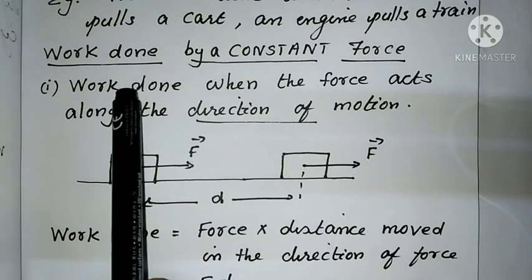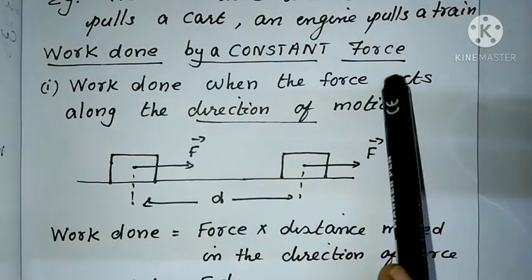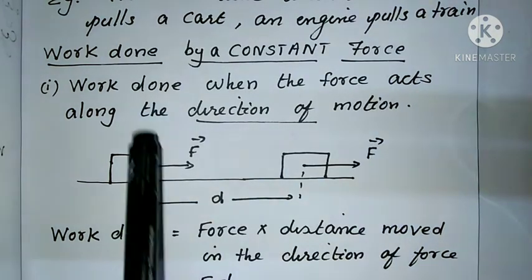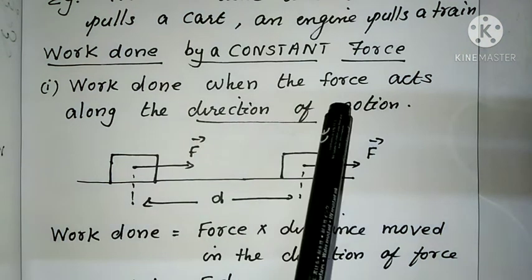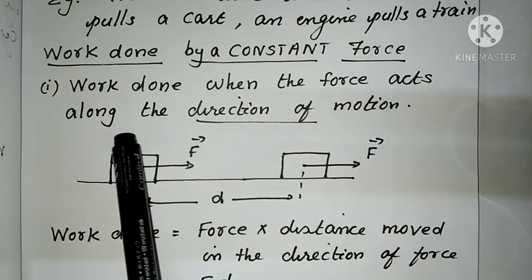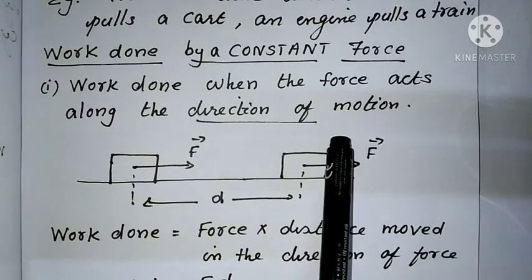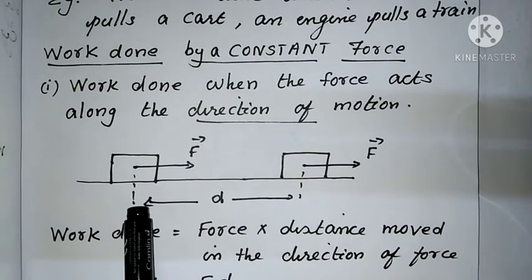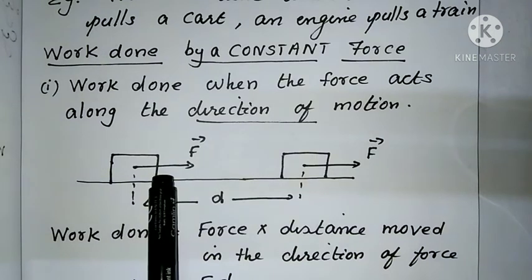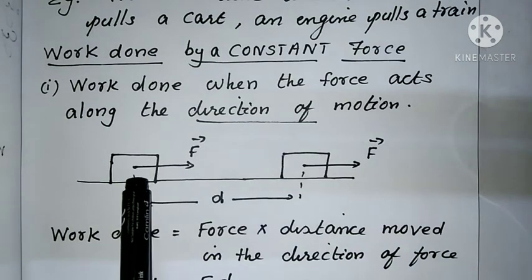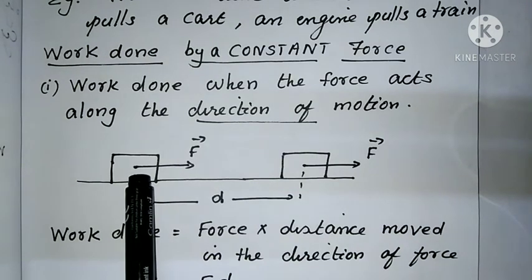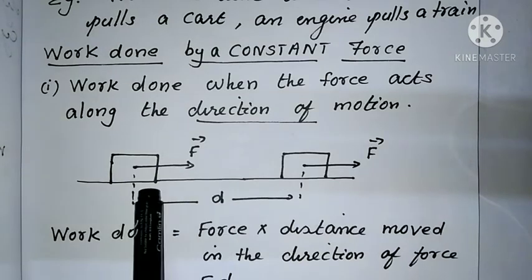First concept, work done by a constant force. When a force acts along the direction of motion, what is the work done? Look at this figure. Here we are applying a force parallel to the surface.